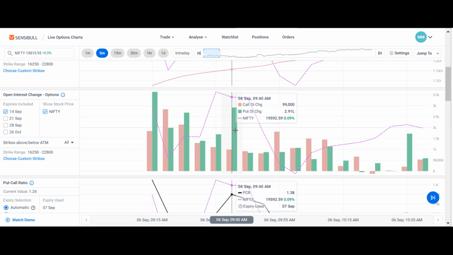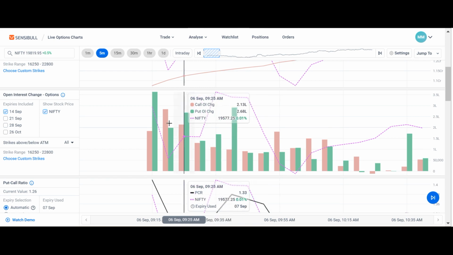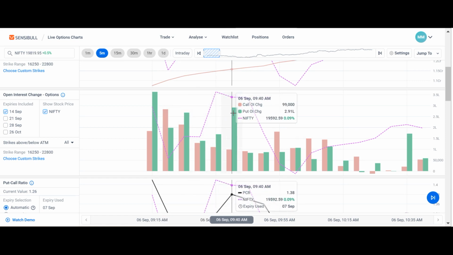Now if your spot price, in the first 15-20 minutes, starts to consolidate or starts giving negative signs, then whatever put transactions whoever has done are telling you there is a high possibility of the market going down rather than up.